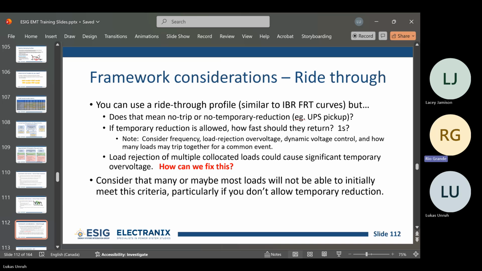There is a ride-through curve, and it's probably more of a probability: if I have X curve, the probability of the loss of load or the resource is a certain amount, and what is that magical probability number that you are okay with? But at least the thought in my head is I should be able to design an ideal ride-through curve from the grid perspective. Now, can people meet it is a different question, but that would be the end goal.